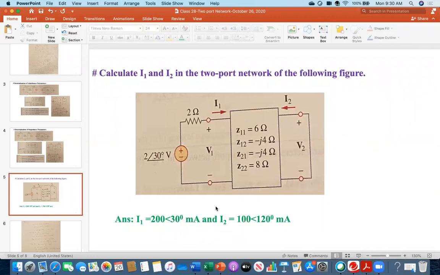Okay, so everybody see, I have written down the answers for you. So ion should be 200 angle 30 degrees milliampere, and I2 should be 100 angle 120 degrees milliampere. So everybody please try your best. It's a very good practice.